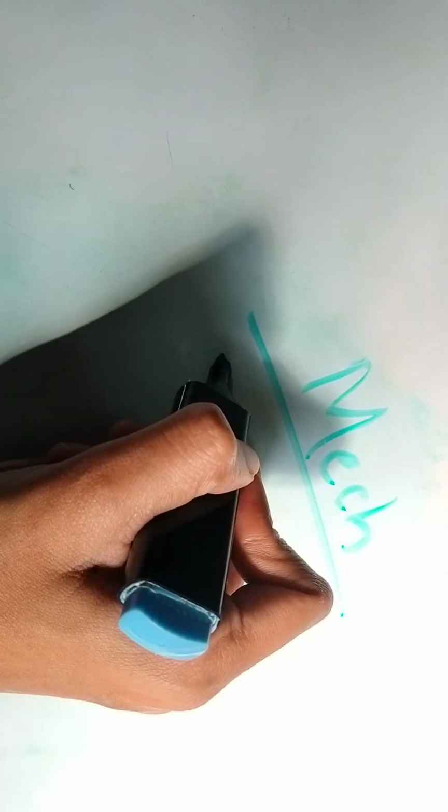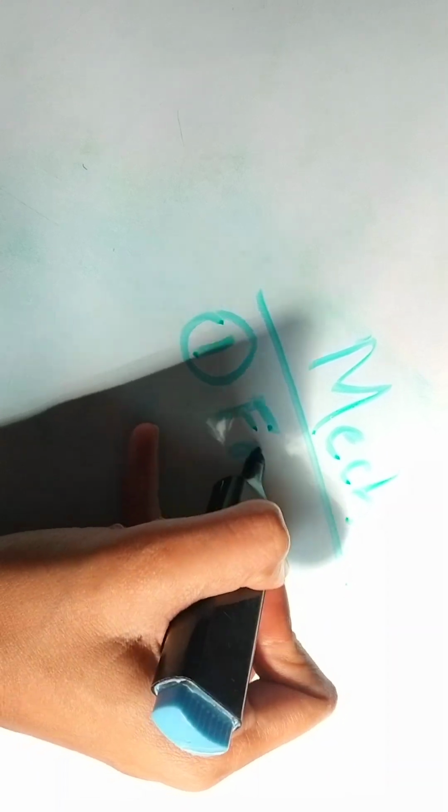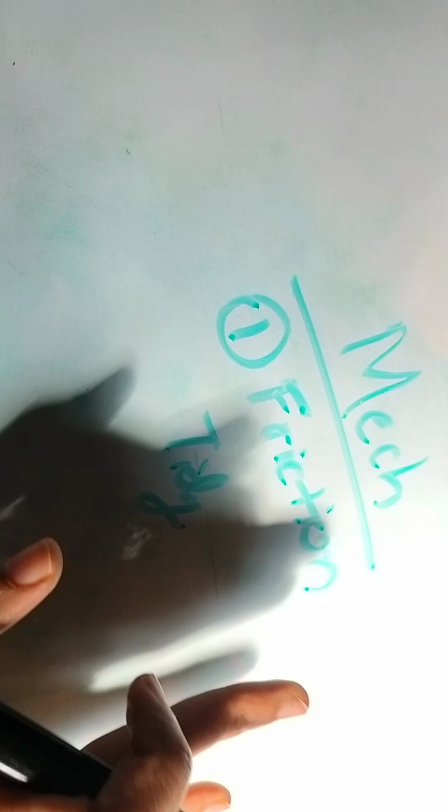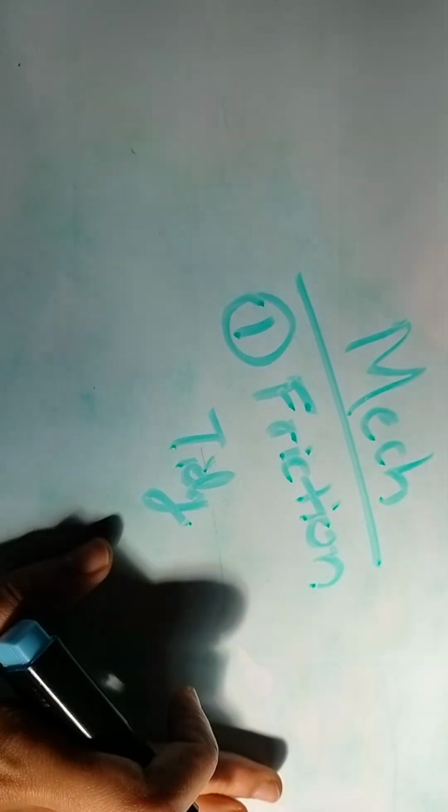Then what are the mechanical factors? First is friction. Friction is an important mechanical factor. The author Tidy has given the opinion that the frictional resistance increases the strength of the anchorage unit.